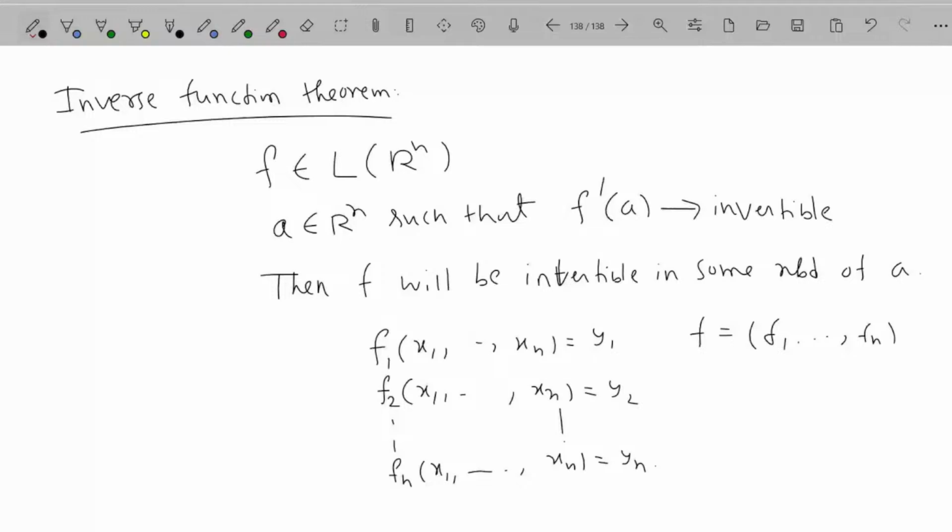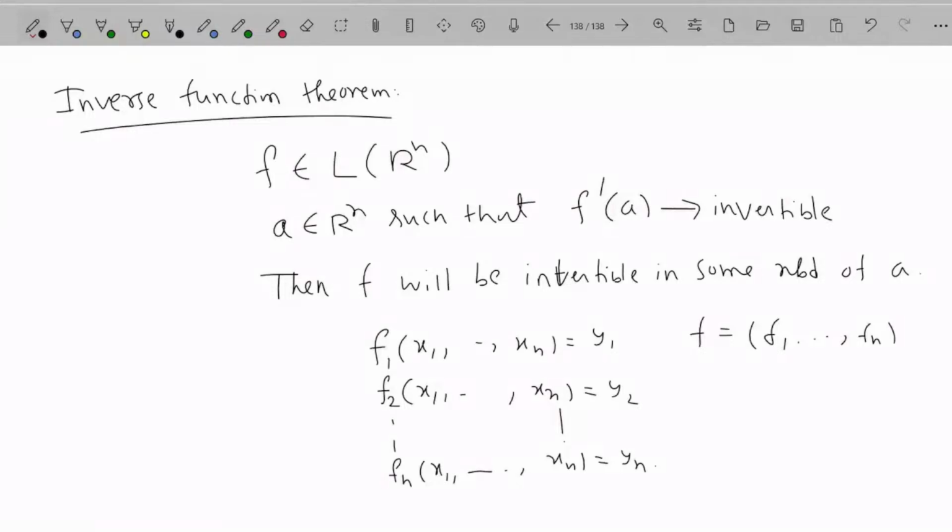Suppose there is a point A which satisfies this equation. The derivative at the point in this case, because it's a matrix, will be a matrix. If this is invertible, because F is a linear mapping, the derivative at the point will be the matrix itself. So if you get an invertible matrix, then you can write x1, x2, xn in terms of y, if y1, y2, yn are given.